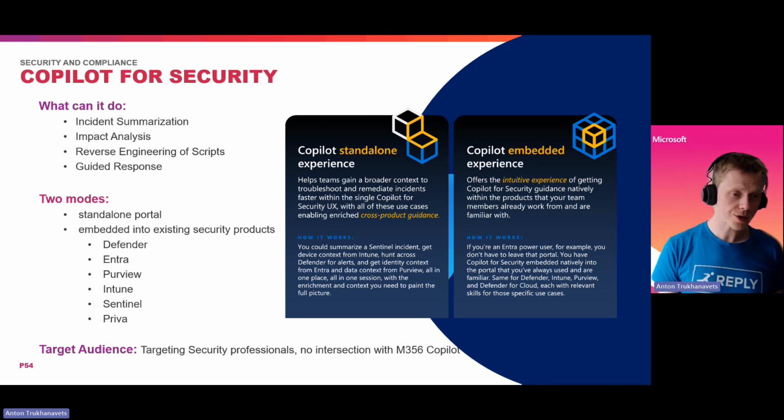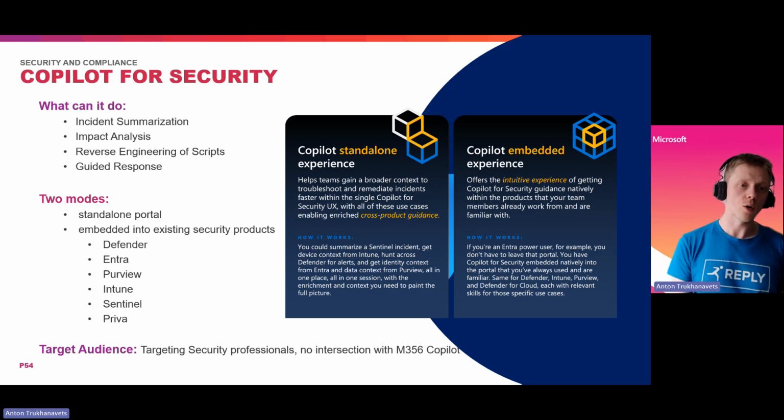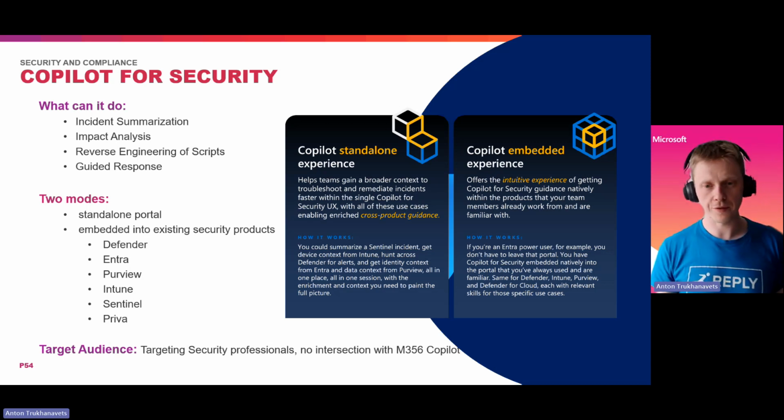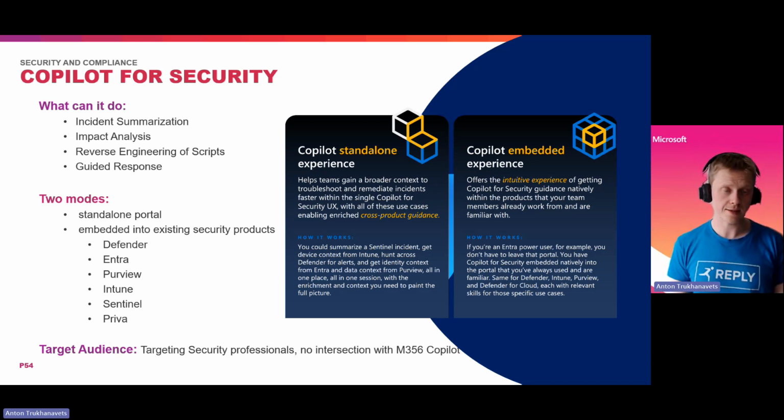It will have two models. One of them is just a standalone portal, or, following the familiar ethos of the AI assistant, there will be Copilot integration within existing security products such as Defender, Entra, Purview, Intune, Sentinel, and Priva.